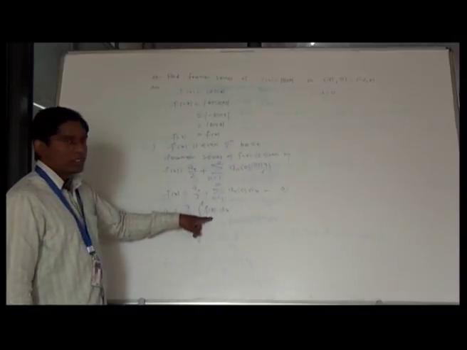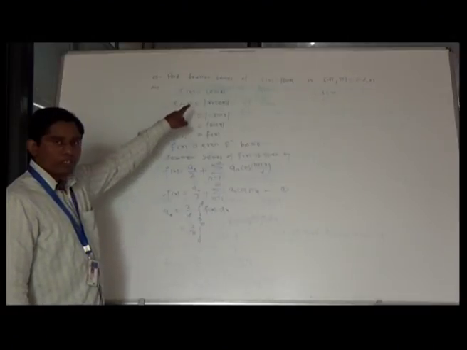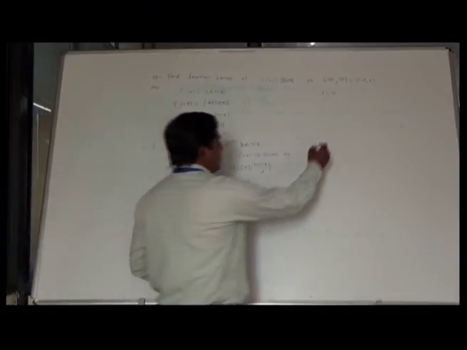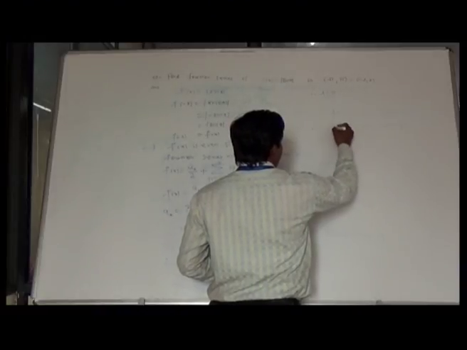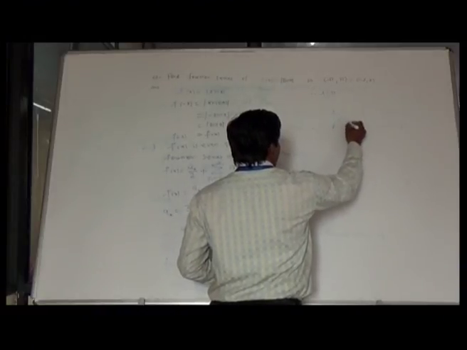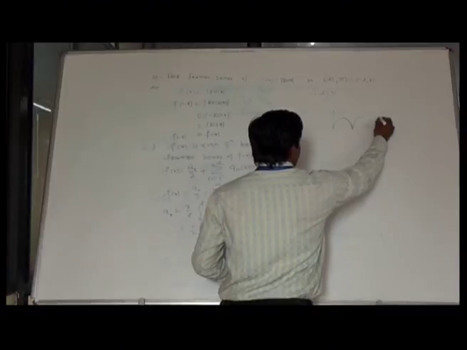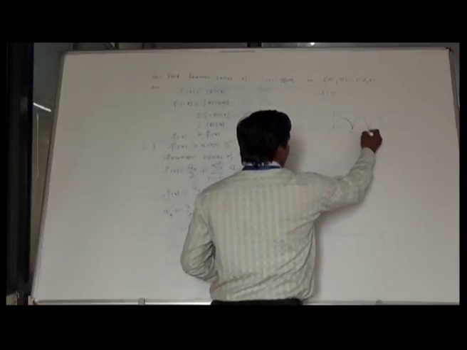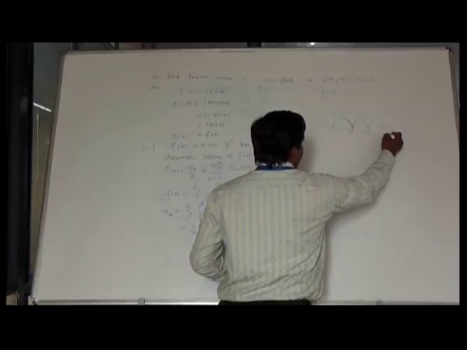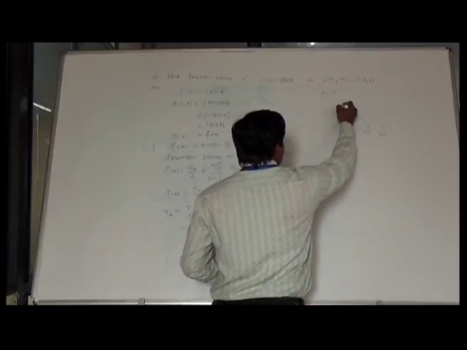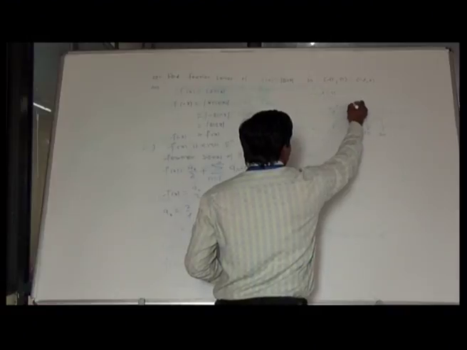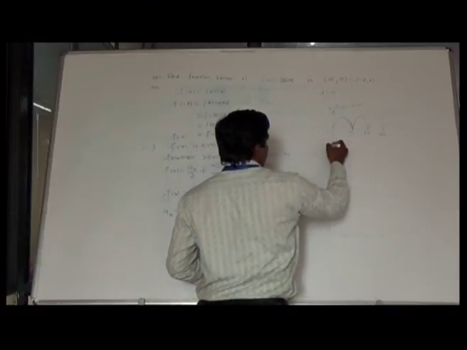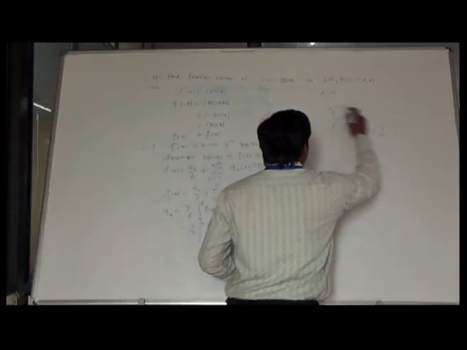But what is f of x? f of x is mod of sin x. This is the graph of y equal to f of x equal to mod of sin x, with x axis and y axis, marked at 0, pi, 2 pi, 3 pi up to infinity.